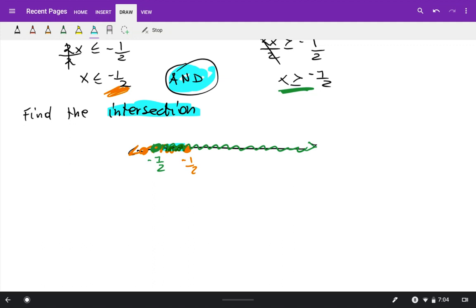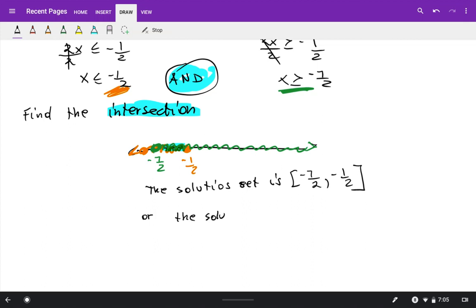Okay, intersection means overlap. So the solution set is the interval bracket negative 7/2 comma negative 1/2 bracket. Okay, so that's the solution. Or you can put the answer that way.